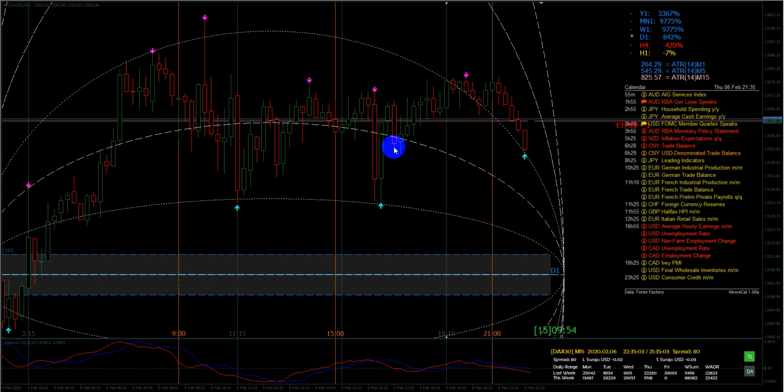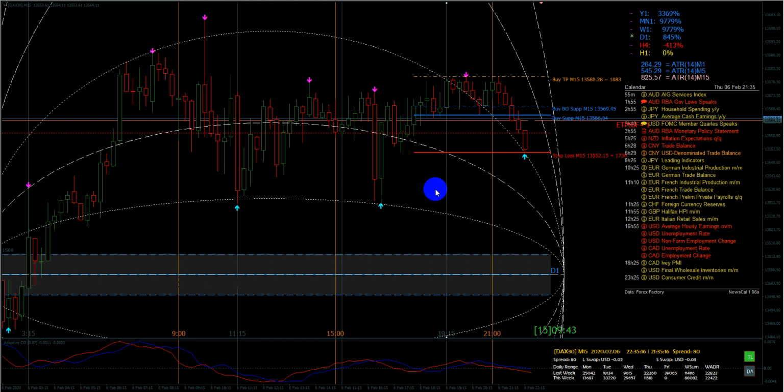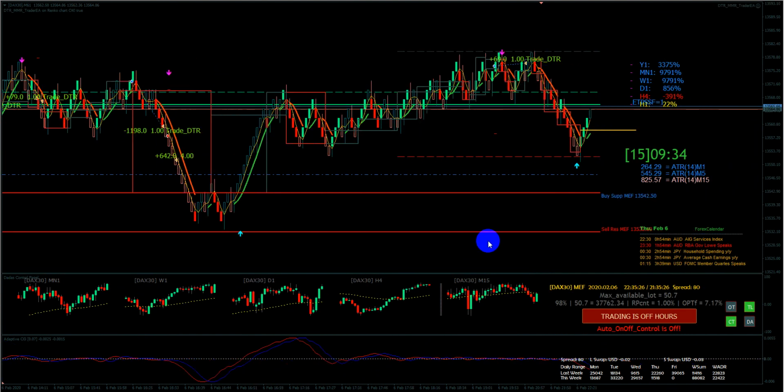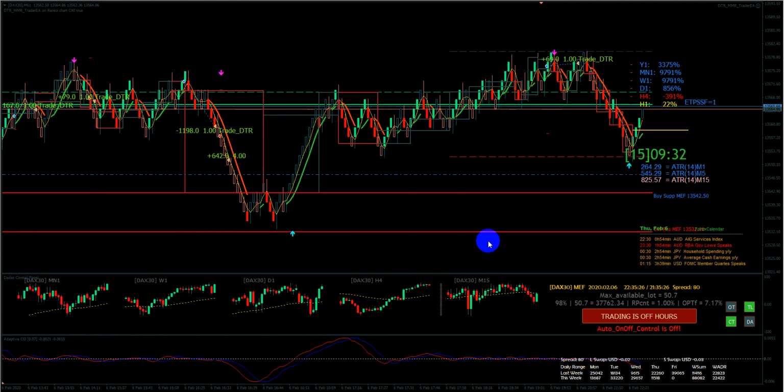So then I said, well, it's risky. I don't know what to do now. So I was waiting all the way until I saw this candle. And when I saw this candle, I figured out there might be a long trade. Let's see if I was right. I mean, if that's what I'm talking about. I didn't make any trades here.